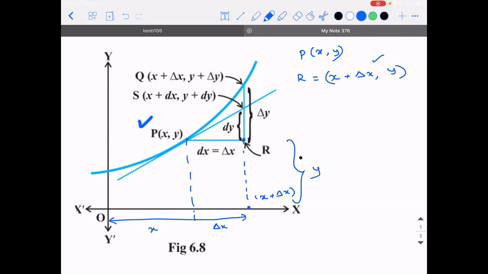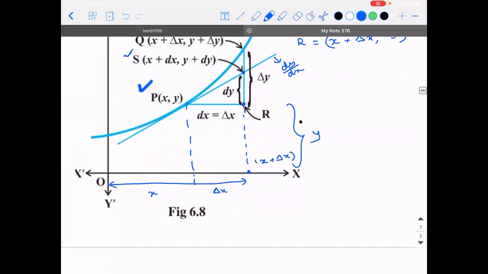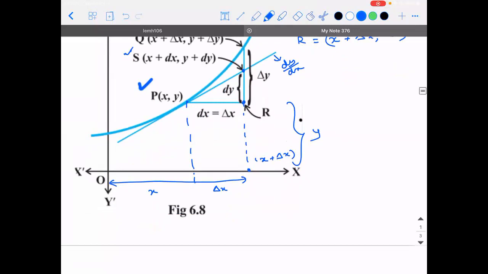Yes, sir. Now, if I take this point S, then what is the slope of this tangent? Is it not dy by dx? Correct? So if I look at the right angle triangle SRP, if I take this as dy, this will be dx, where dy by dx is going to give me tan theta.